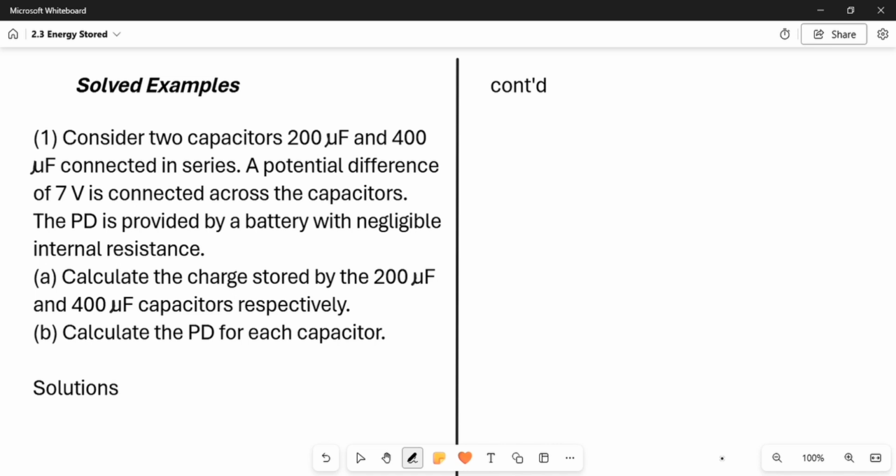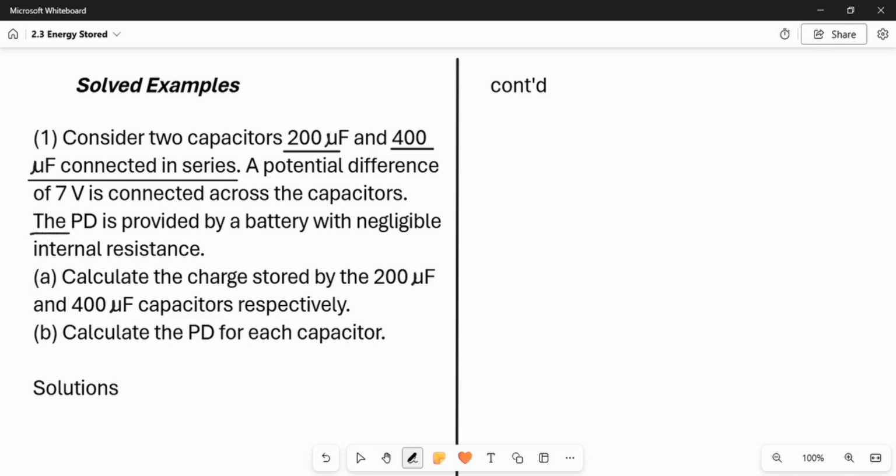I have two capacitors. One is 200 microfarads and the other is 400 microfarads. They are both connected in series. Now we have a potential difference of 7 volts that is connected across the capacitors.